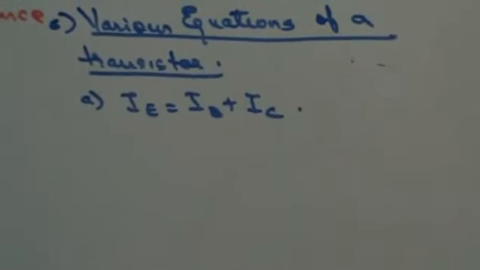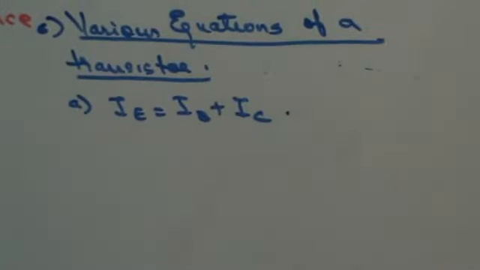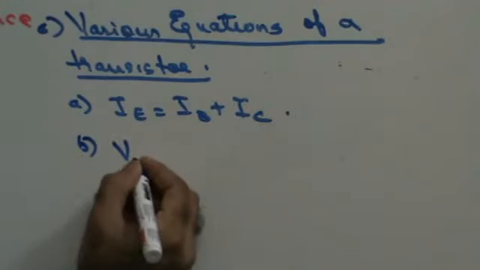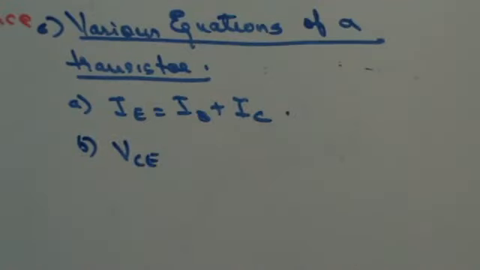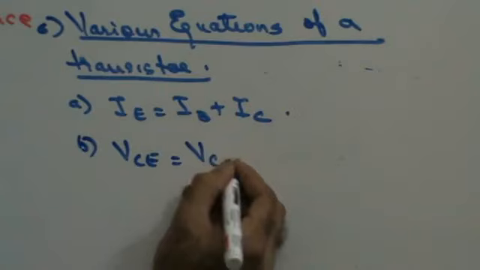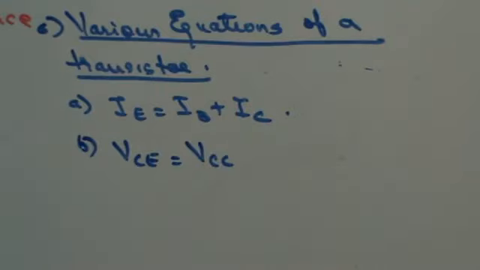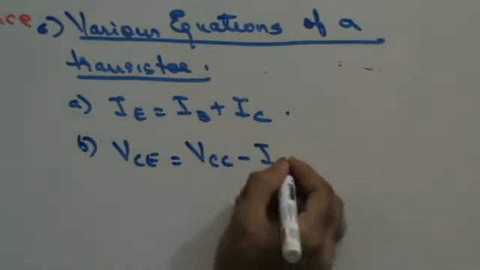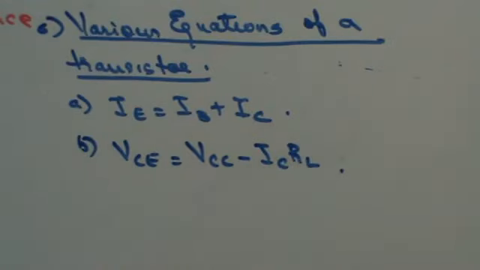Then I can say that the voltage across the collector emitter is going to be nothing but the voltage supplied VCC minus collector current into load resistance. That will be the voltage drop across the collector and the emitter.